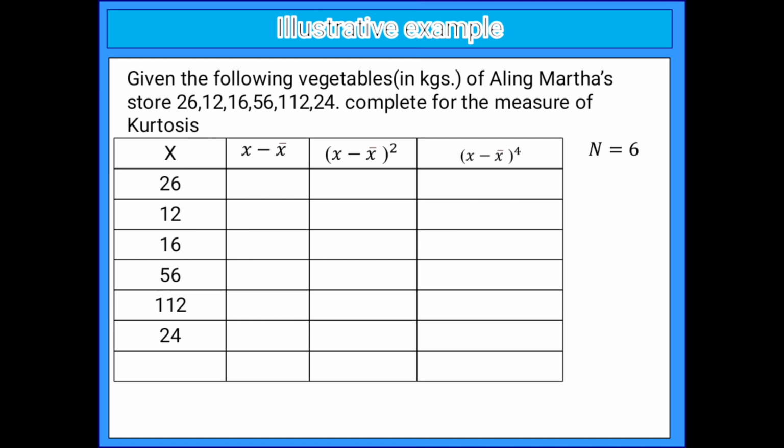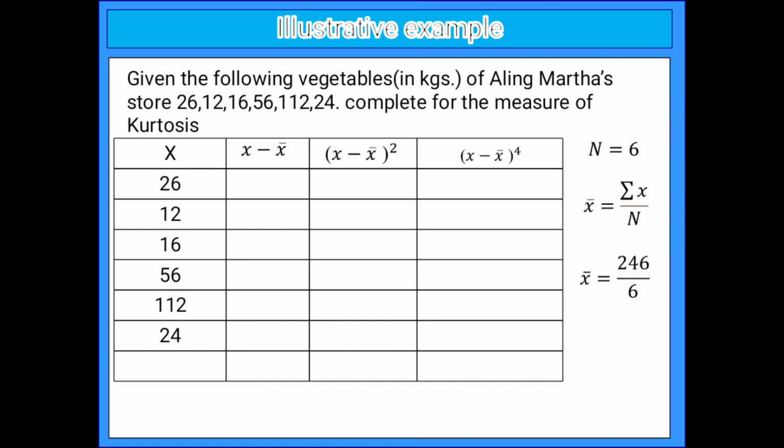Then we have n, which is 6, the total number of our data. Given our table, it has already been plotted here so that you can easily solve for our measure of kurtosis. We're just going to get the mean first.